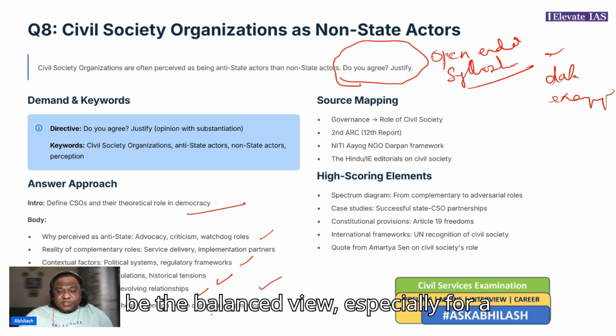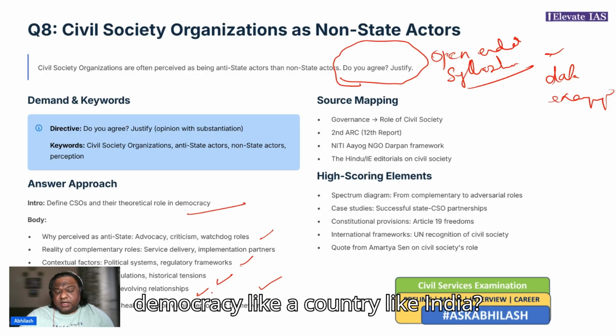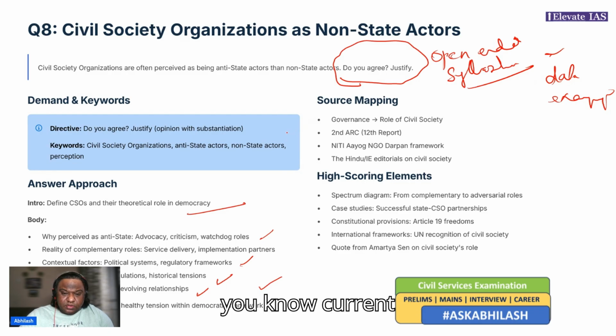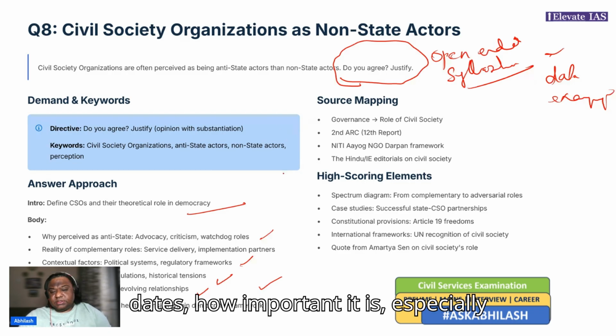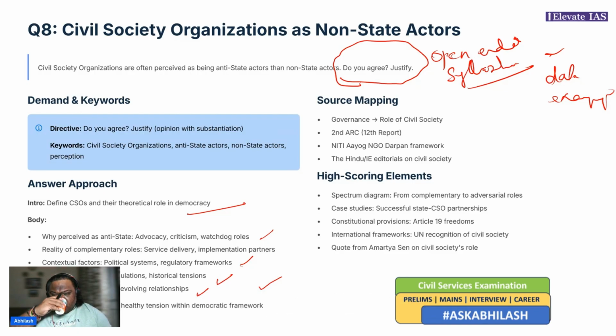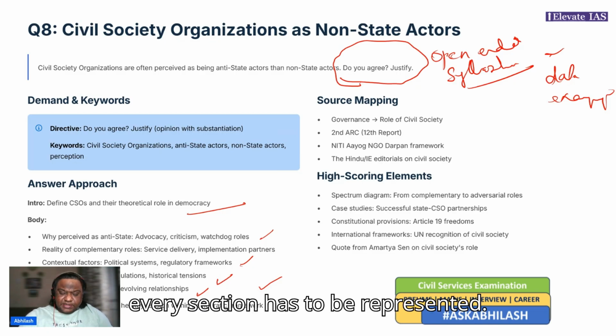So, what should be the balanced view, especially for a democracy like India? Then you can also talk a little bit about current dates, how important it is, especially for a vibrant society like India, where every section has to be represented.